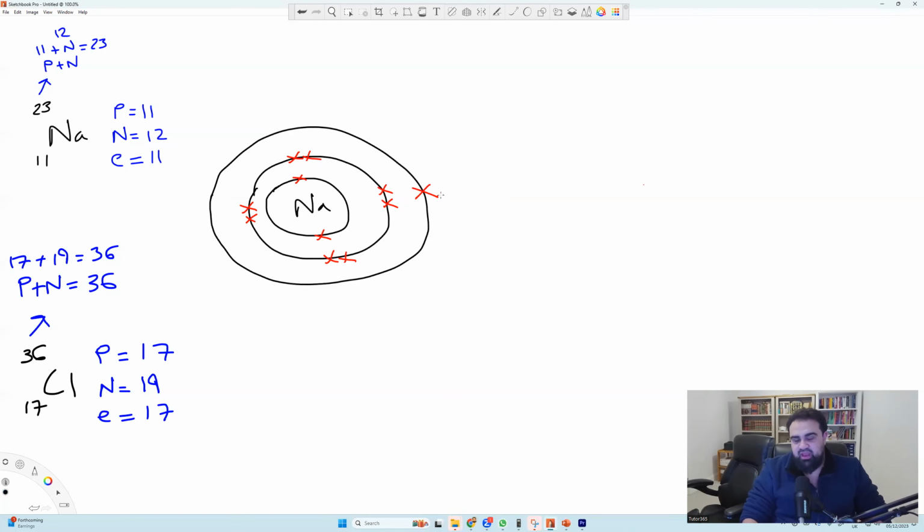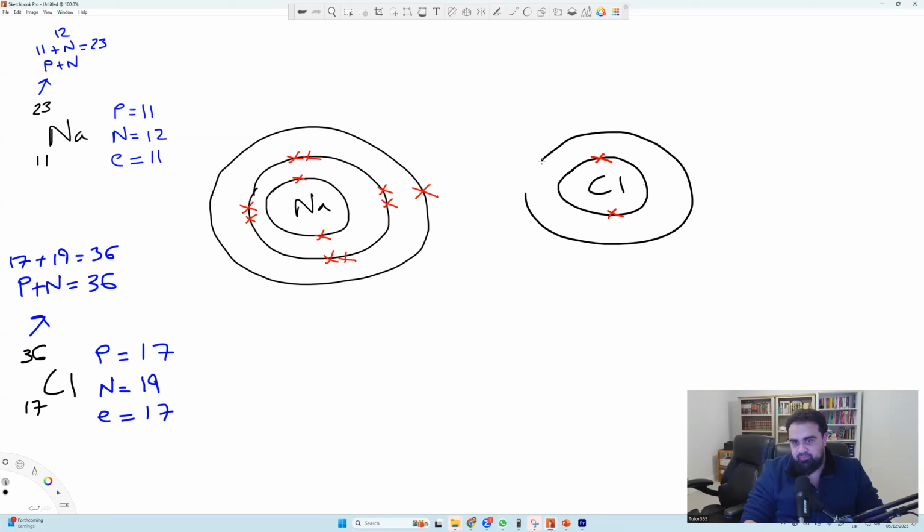So now chlorine, in its first shell, how many electrons is it allowed? Only 2. In its second shell, how many electrons am I allowed? 8. I should draw these in dots, so you notice the difference. It's known as a dot and cross diagram.